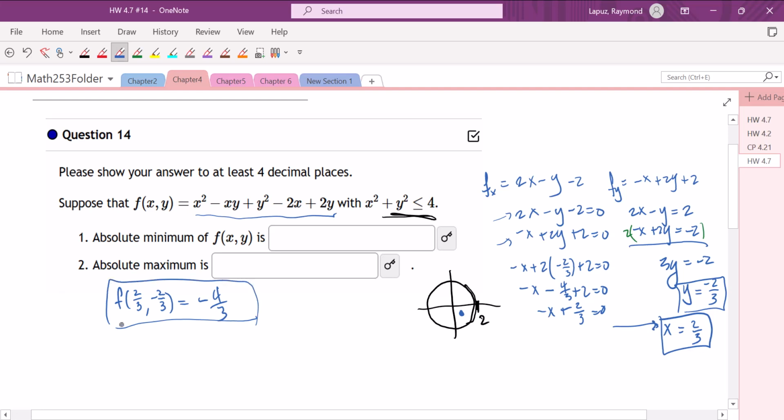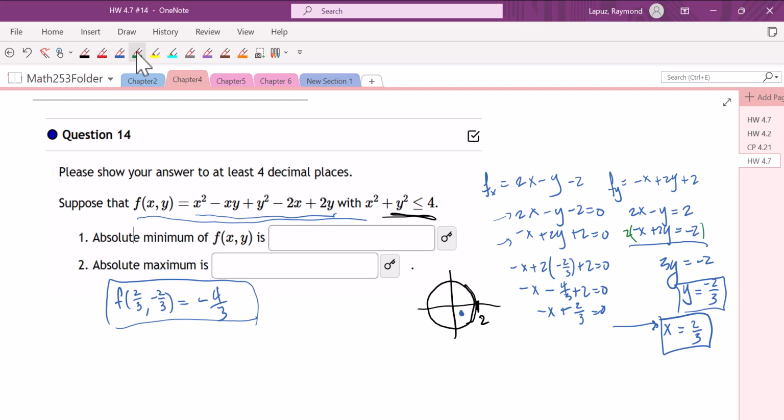It looks like it's below the xy plane, so it might be a good candidate for the minimum. Looking at this function, it does look like an elliptic paraboloid that's been shifted a little bit. So that's just one possible answer, but we need to find what happens at the boundary.